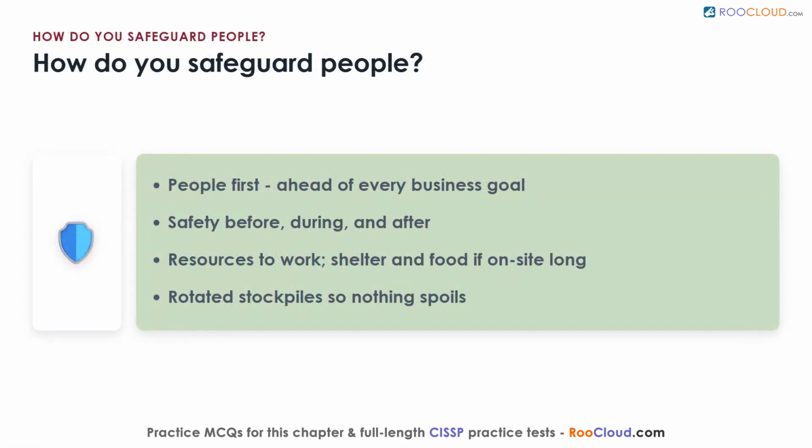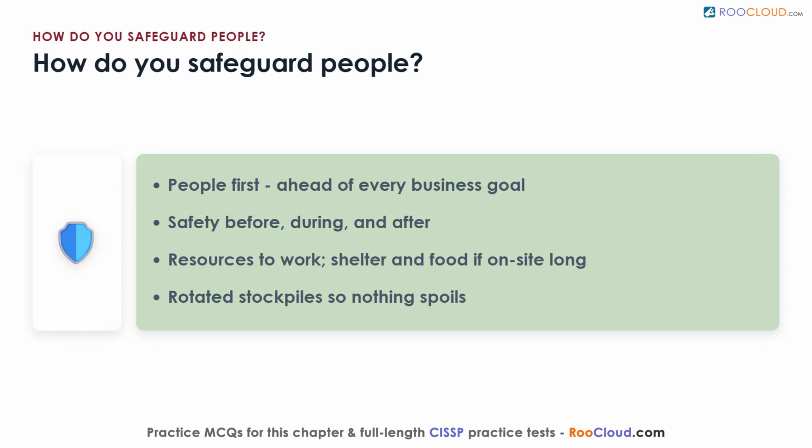How do you safeguard people during an emergency? People come first, always, ahead of every business goal. Your first duty is to keep everyone safe before, during, and after an emergency, and only then help them carry out their tasks as normally as circumstances allow. That means giving teams the resources to do their jobs, and if people must stay on site for long stretches, arranging shelter and food.